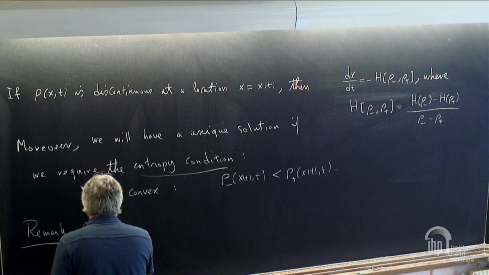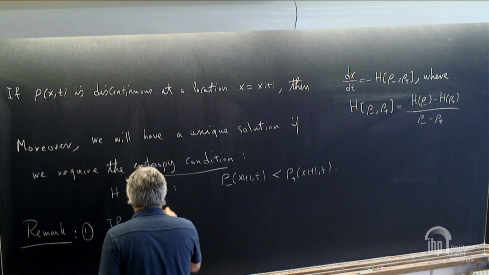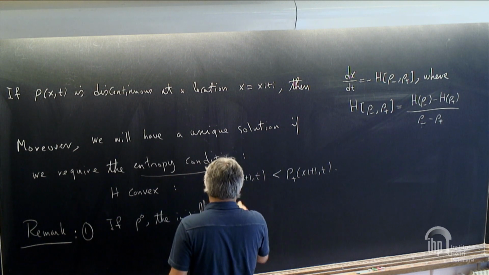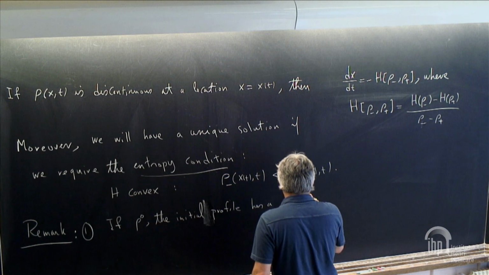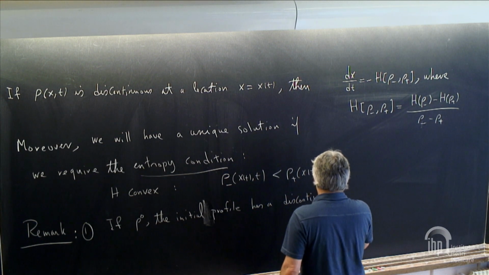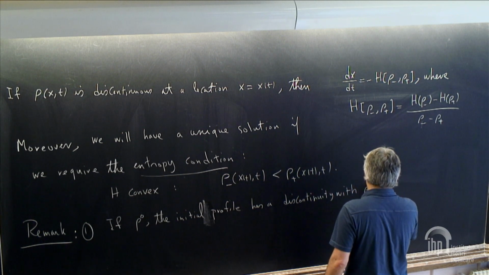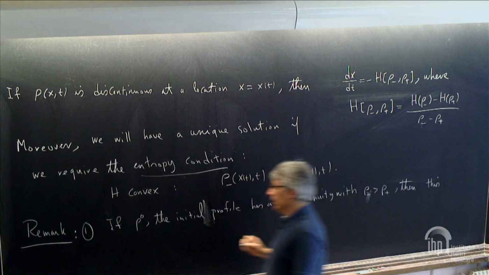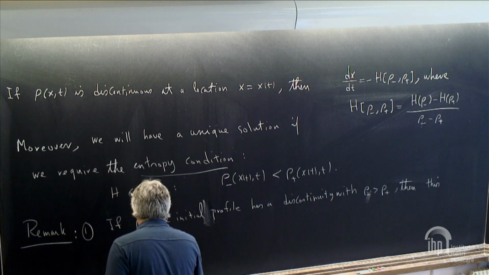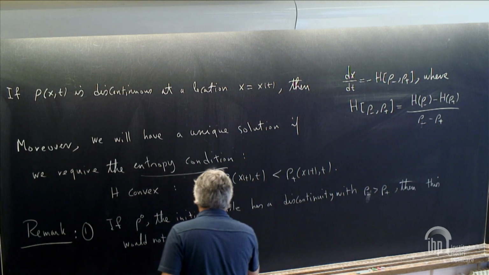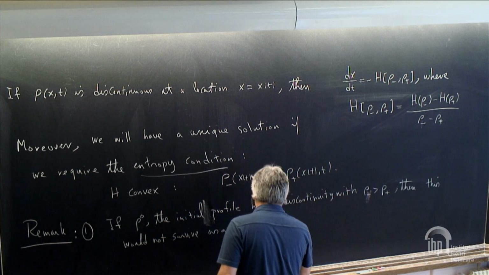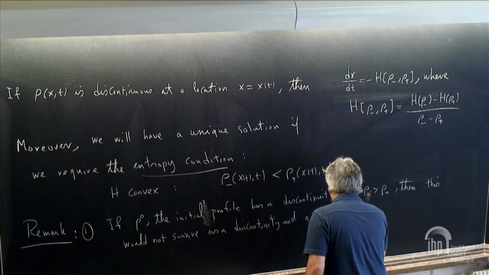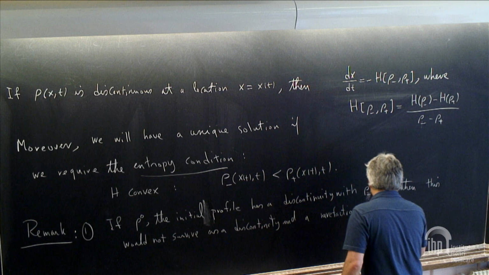So the first remark says that if rho_0, the initial density or initial profile, has a discontinuity with rho minus bigger than rho plus, then this would not survive as a discontinuity, and a so-called rarefaction wave would form.